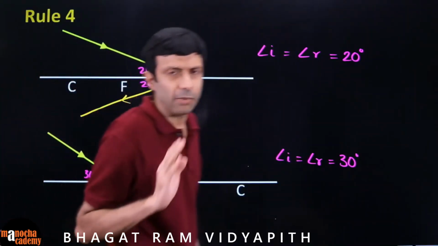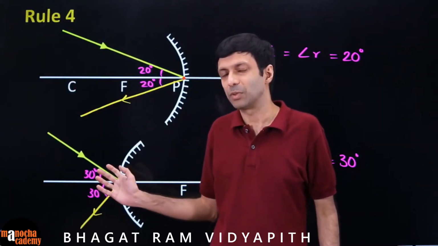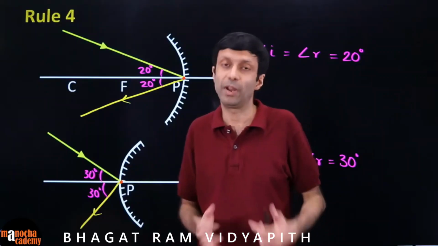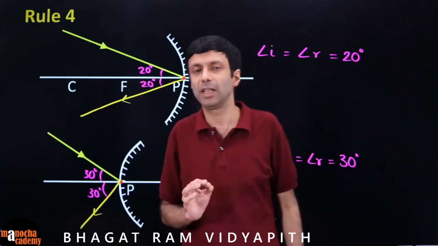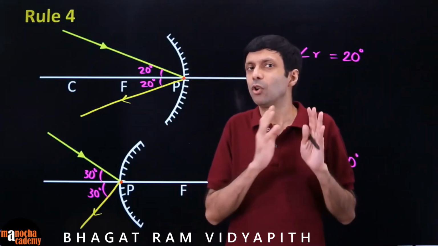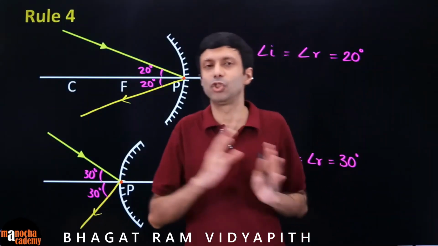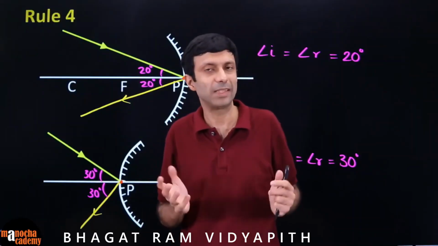Now one very, very important point here: when drawing ray diagrams, which rule should we use? Do we have to use all the rules or only some of them? That is one very important thing, which you have seen in plane mirrors also. To produce the image of an object, what is the minimum number of rays that you need? Can you tell me?